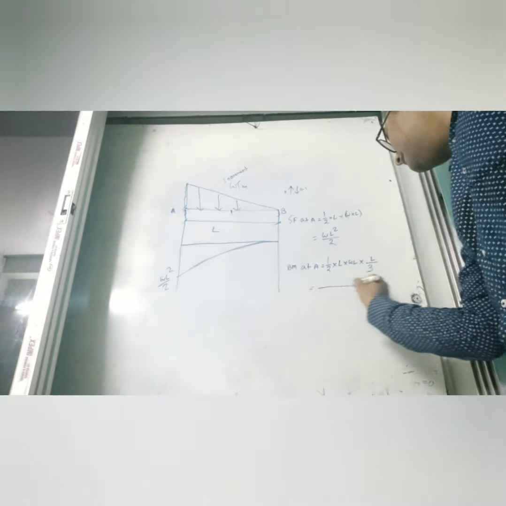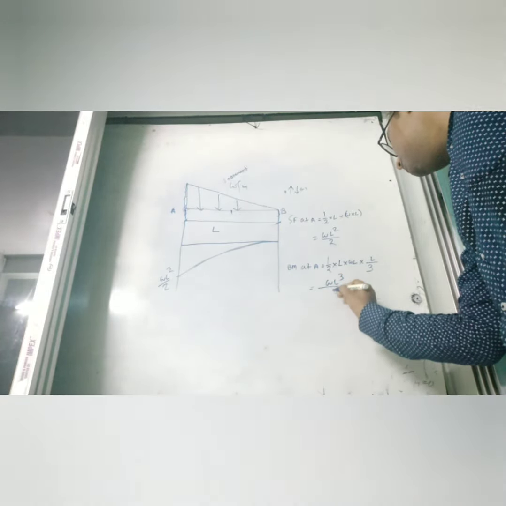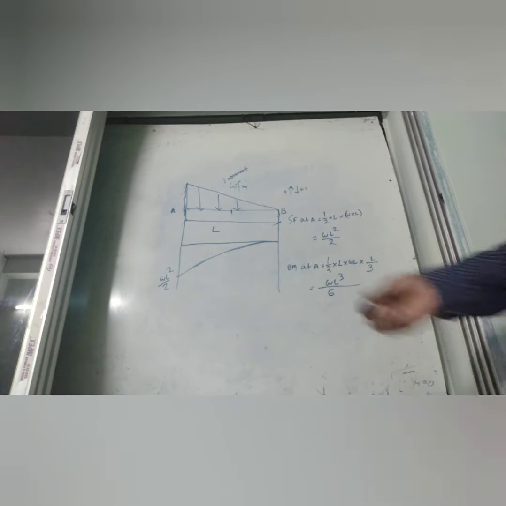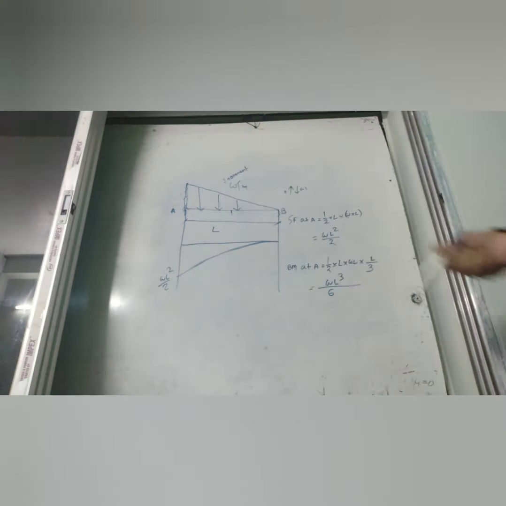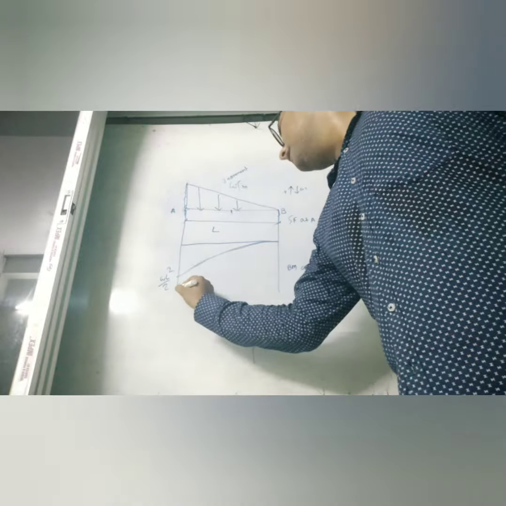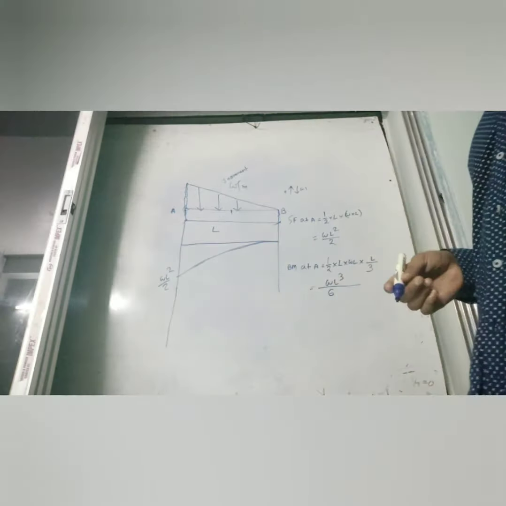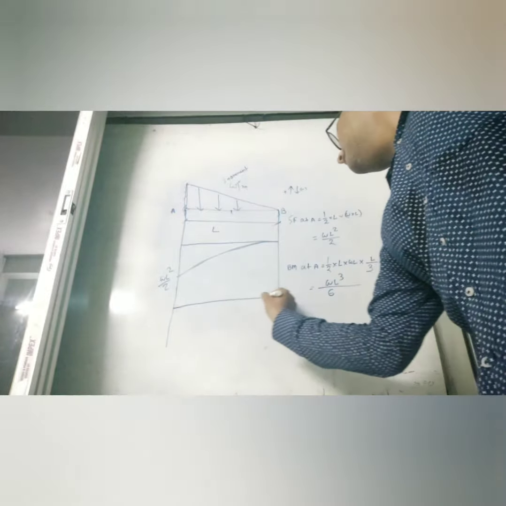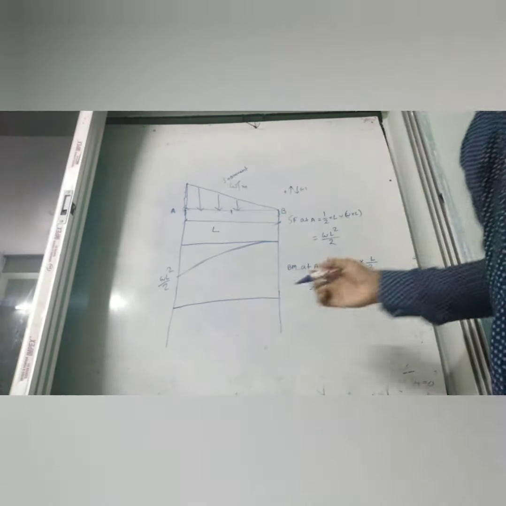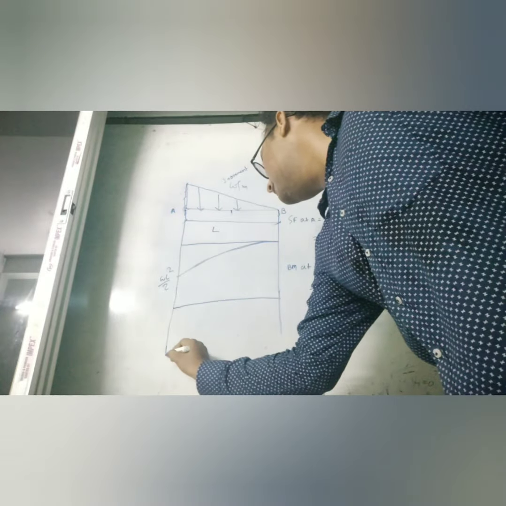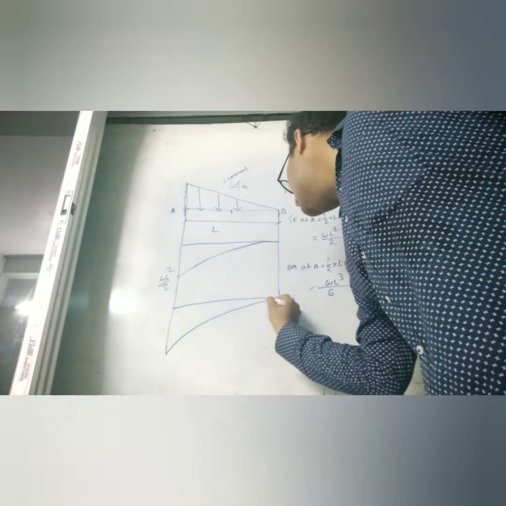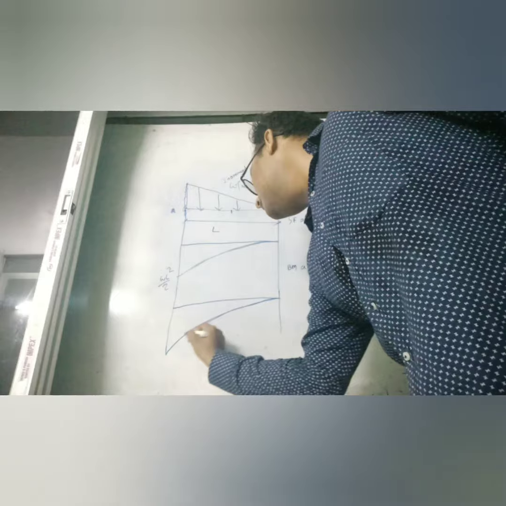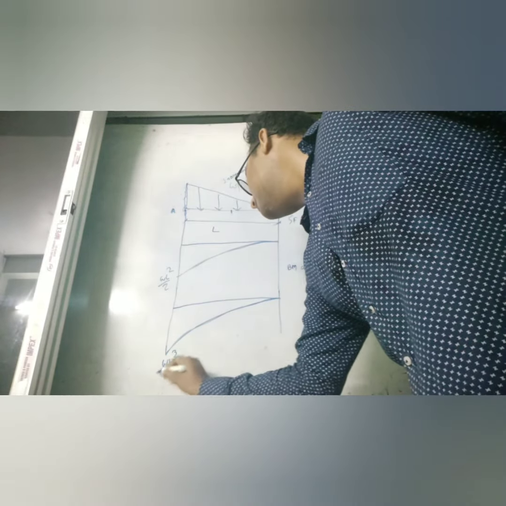So the total answer is WL cube by 6. This is the formula for calculating the bending moment of UVL. Again, if we go for the negative zone, then the bending moment is WL cube by 6.